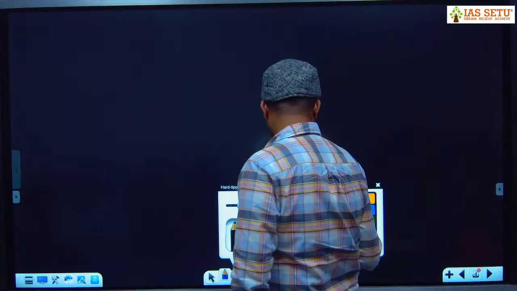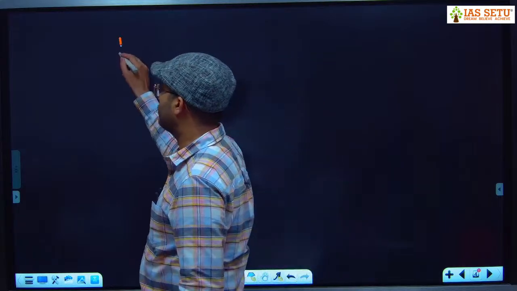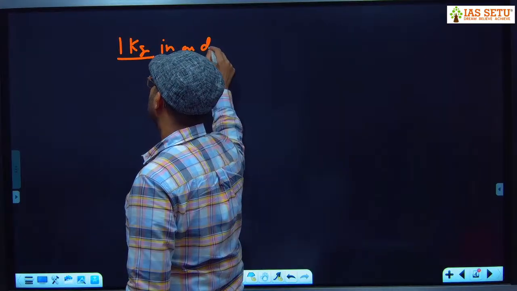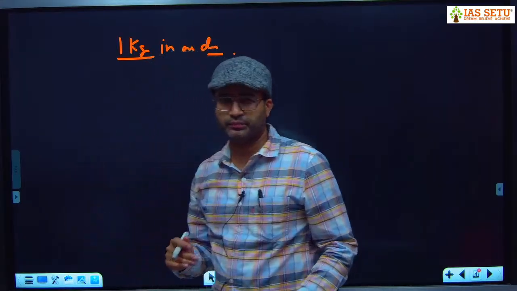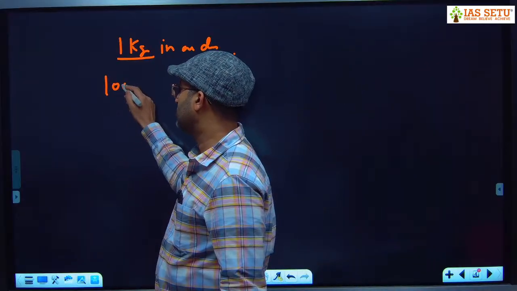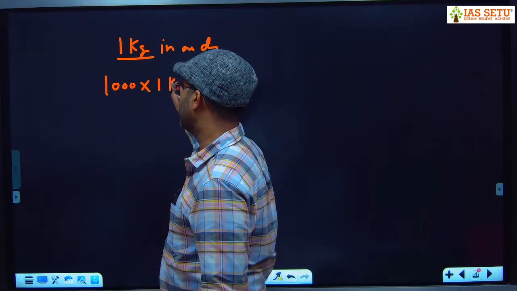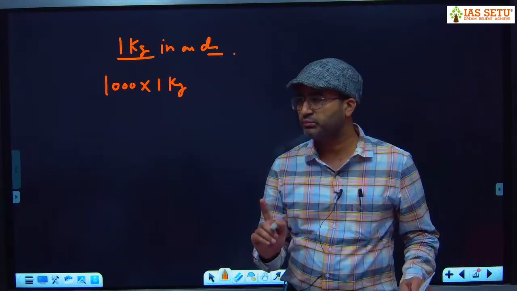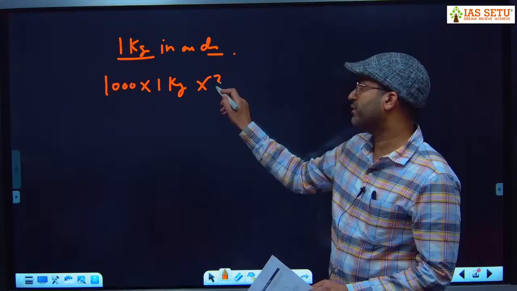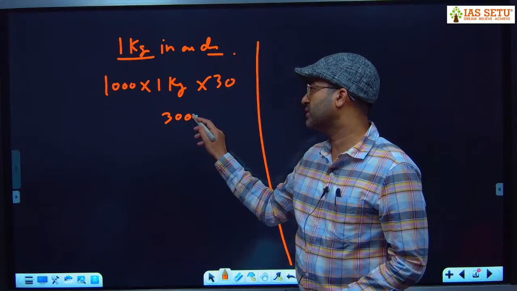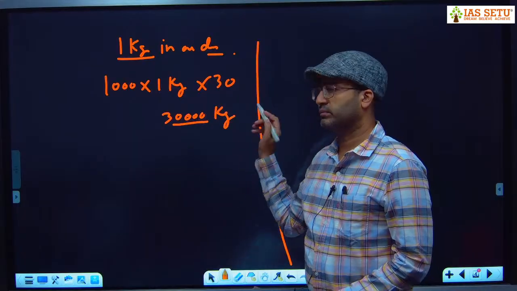So what you can do, we can assume one soldier consumes 1 kg food in 1 day. Just we assume. So here we have 1000 soldiers, so daily they consume 1000 kg, and here we have a stock for 30 days. So total food available is 30,000 kg.